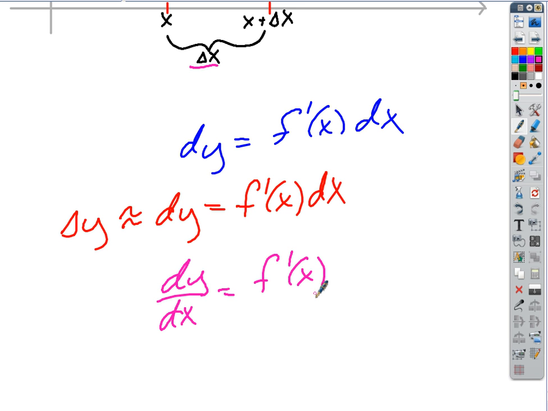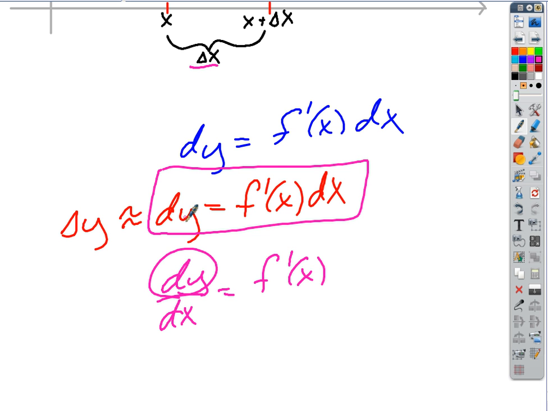If I just solve for dy in this equation, look what I end up with: an expression for the differential. And by the way, that's what we call the differential, dy by itself, the approximate change in the value of the function, the y value.